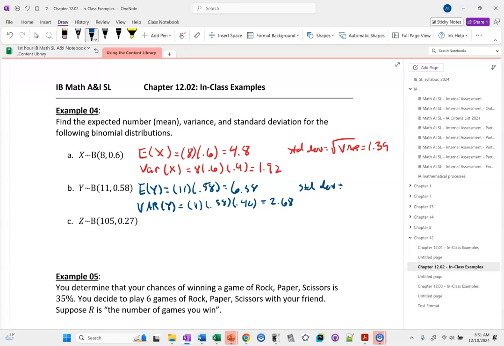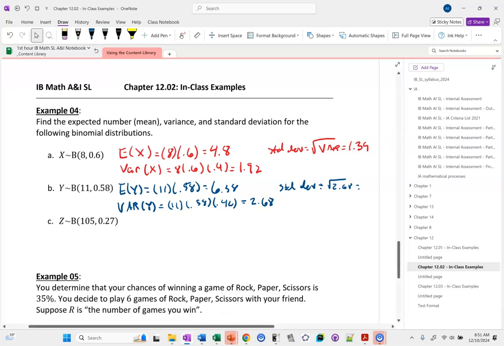And then the standard deviation is, again, you can just tell me what to do if you don't have your calculator out. Yeah, square root of 2.68. So that's 1.64.